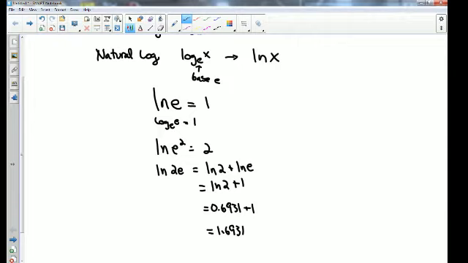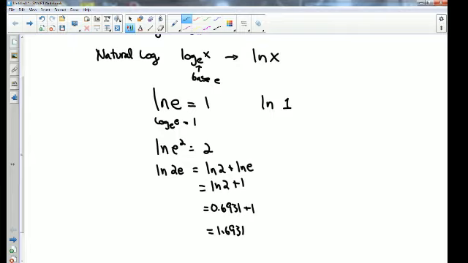So a few things that you want to know. Natural log e is 1. Here's the other big one that we use: natural log of 1. What's the x-intercept of a logarithmic graph?